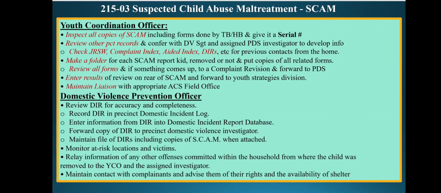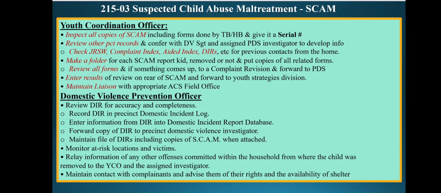Now, there are some steps here for the youth coordination officer and the domestic violence prevention officer. We're just going to read them. A lot of it is inspecting and checking and reviewing, but we're going to read it anyway so that you can hear it. Youth coordination officer: inspect all copies of the SCAM report, including forms done by Transit Bureau or Housing, and give it a serial number. Review other precinct records and confer with domestic violence sergeant and assigned precinct detective squad investigator to develop information.